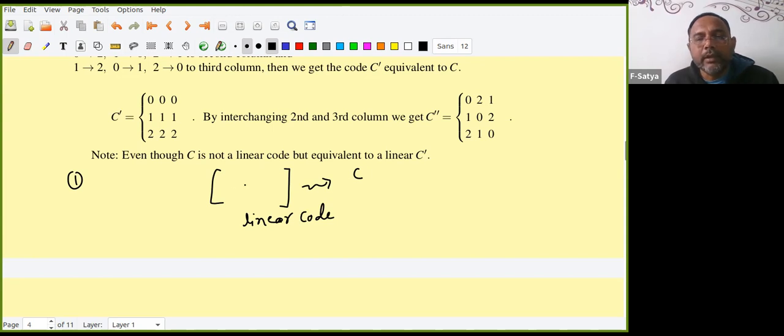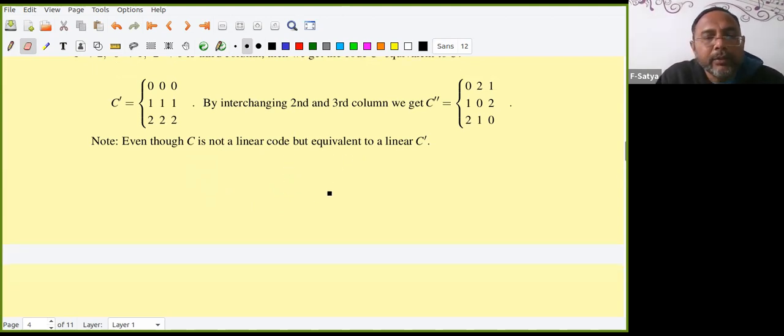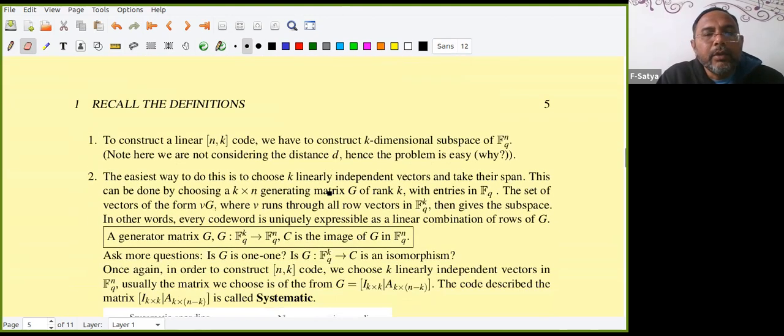No, because if I interchange 2 rows, the basis will not change. First vector, second vector is not a problem. And in fact any row operations will not change it. So we'll discuss that in the next problem set. I'll give more problems next time regarding linear codes and equivalent linear codes.